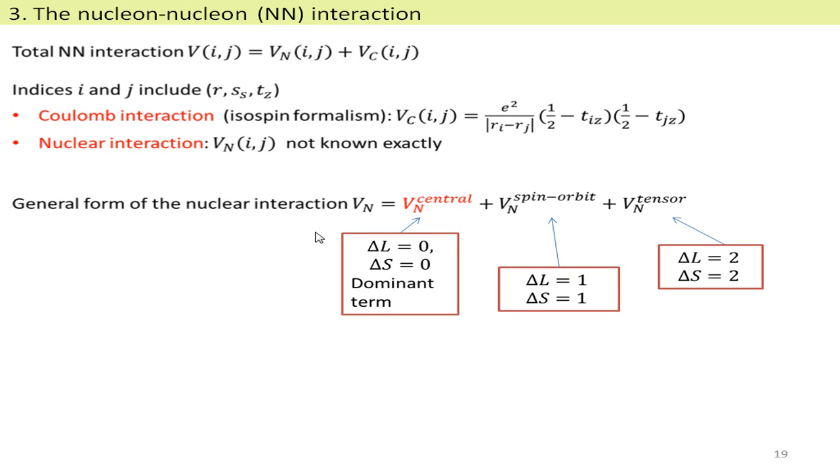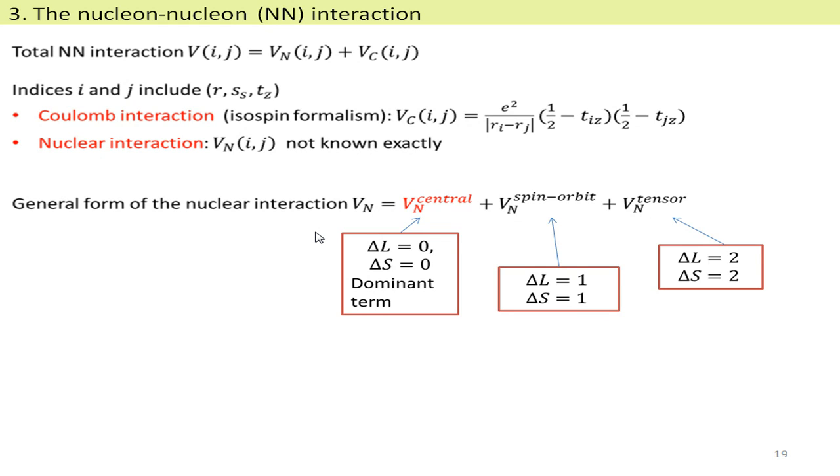And what we are going to do is to use the previous results, the Pauli principle, to derive some general properties, the general form of the nuclear part. So we know that the general form of the nuclear interaction contains different terms. One is called the central, and in fact it's a dominant term. It's called central because it doesn't change the angular momentum or the spin.